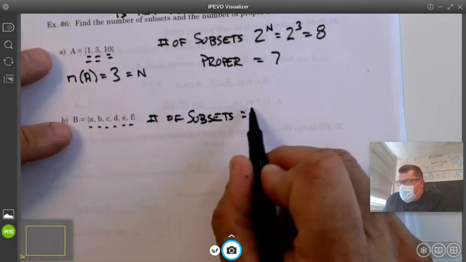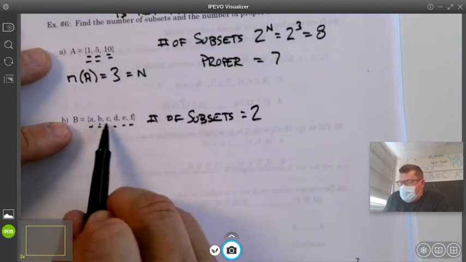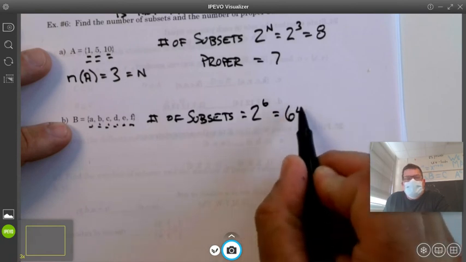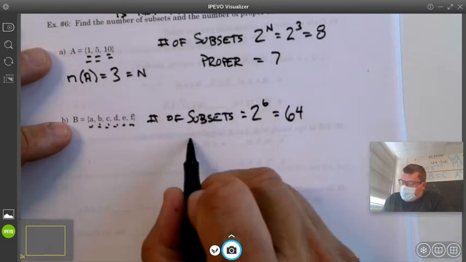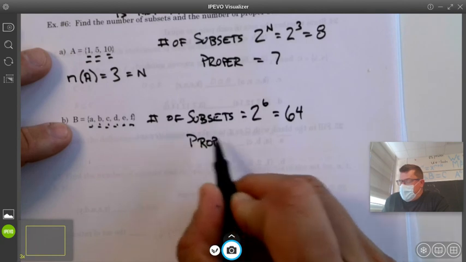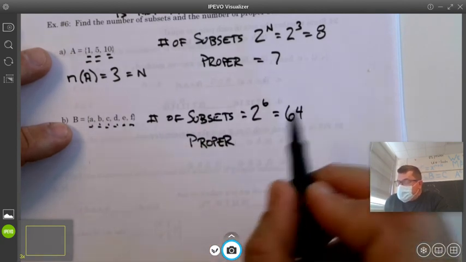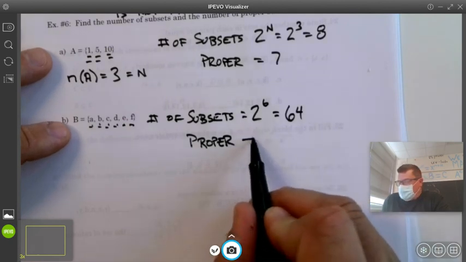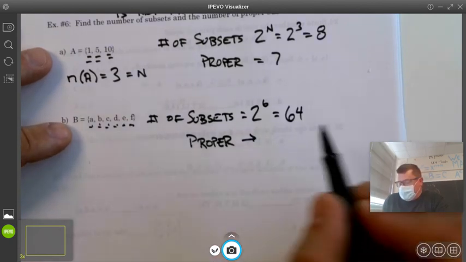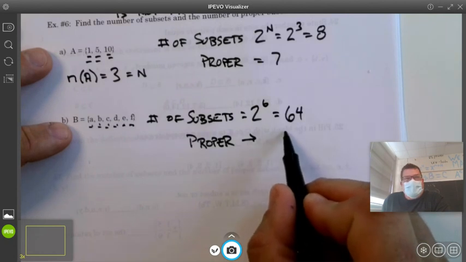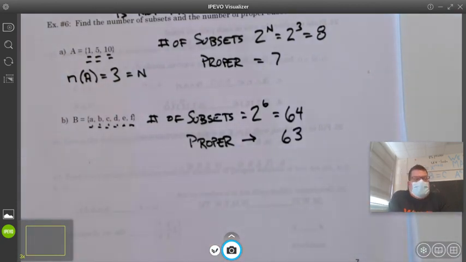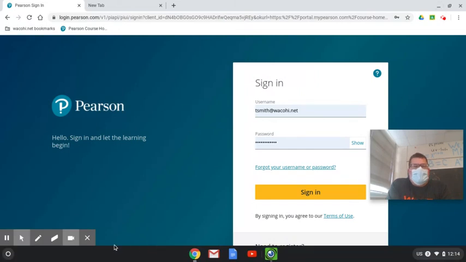Did you get this one already? 1, 2, 3, 4, 5, 6. 2 to the 6th, or 64. If I told you that there were 64 different subsets, thankfully we don't have to write them all down. That would be a nightmare. How many proper subsets is there? Every subset works except for itself. Is that okay? Anybody have any questions about that?